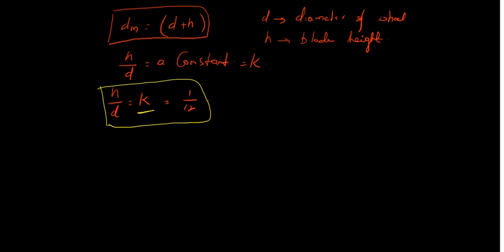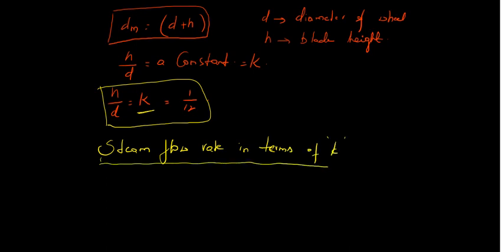Right? Now we will look at another term: steam flow rate in terms of k. How to find the steam flow rate in terms of k? Since m equals pi into dm into h into Vf divided by x multiplied by specific volume.